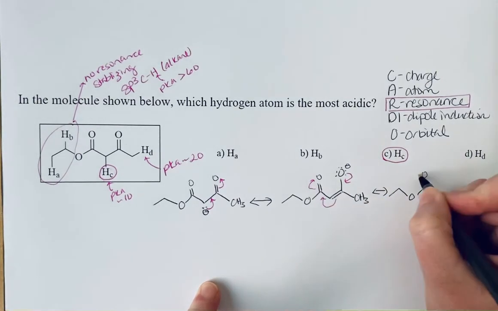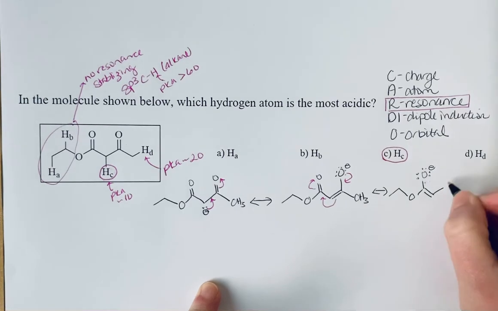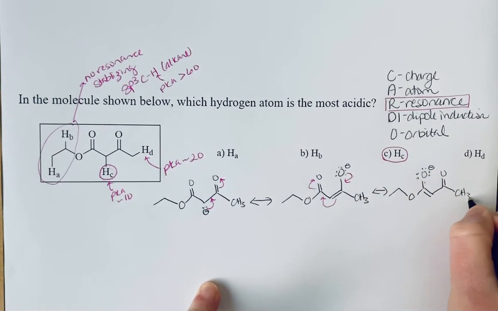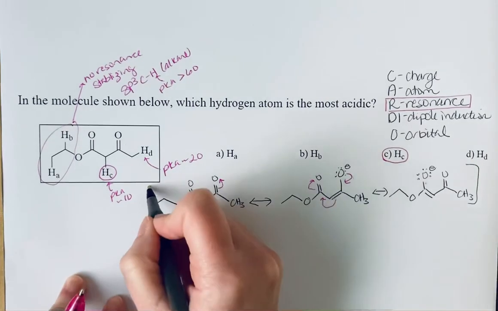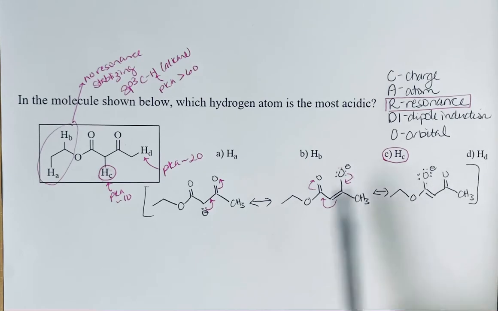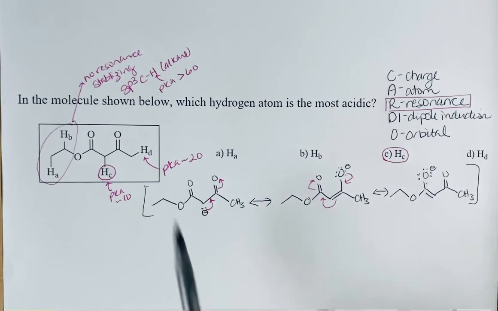We put extra electrons onto that oxygen, so that has the negative charge. And then we have our other carbonyl, so we reformed the carbonyl there. In looking at these resonance structures, that negative charge is shared with the carbon and both carbonyl oxygens. That's what makes it so much more acidic than even these hydrogens that are alpha to the ketone.